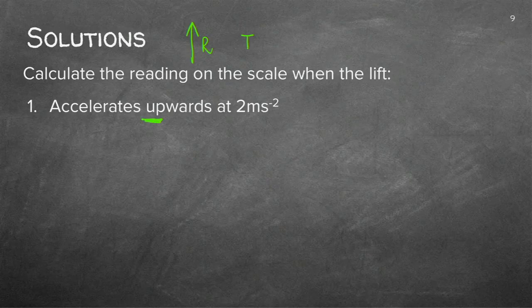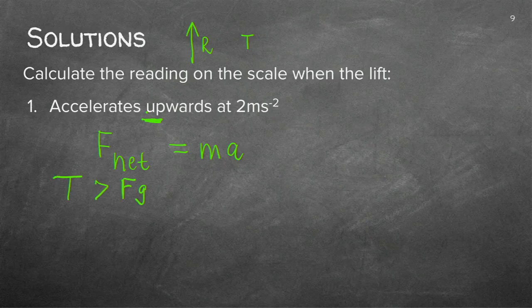Calculate the reading. I say again, that will be either R or T on the scale if the lift is moving upward. Immediately you say, right, Newton's second law says the net force will have the mass accelerating. It's going upwards, so the T is larger than the Fg. Do you have that? The Fg we calculated as 784. T minus 784 is the mass times acceleration.